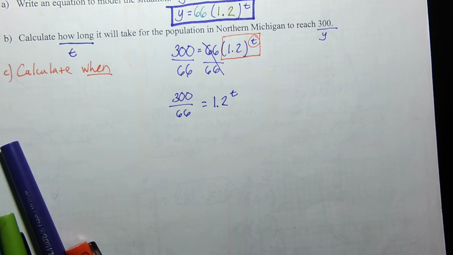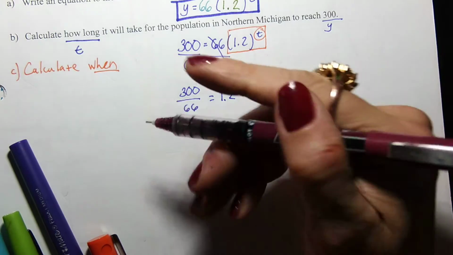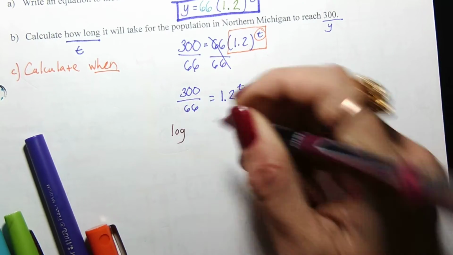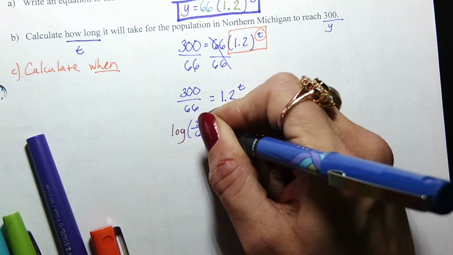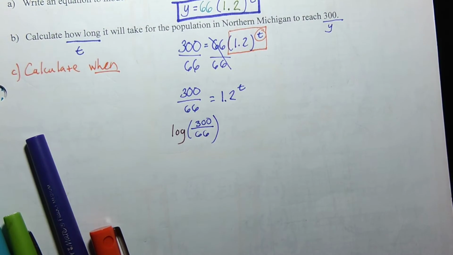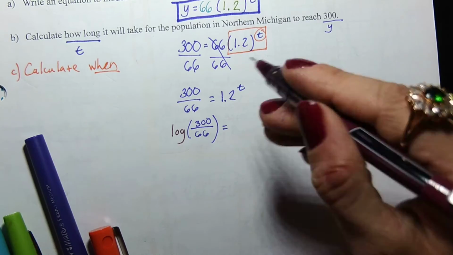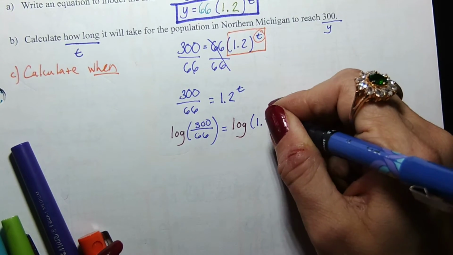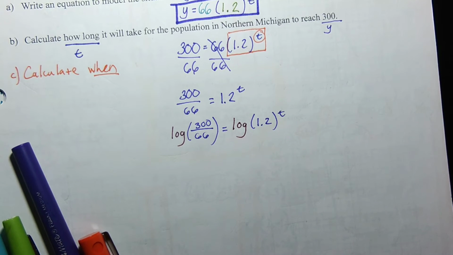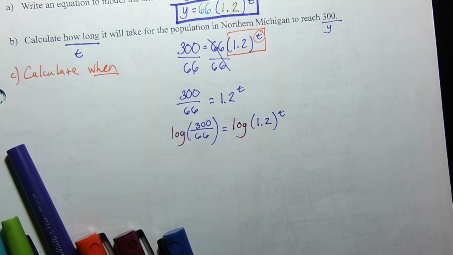So what do you think? Can we rewrite 300 over 66 as base 1.2? They're both disgusting. No, we can't write them as each other. So what are we going to do to both sides? We're going to log both sides. So the 300 over 66 is inside that log, and then the log of 1.2 raised to the t is in the other log.